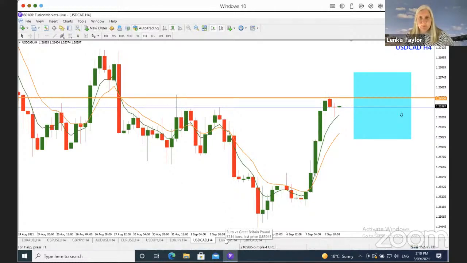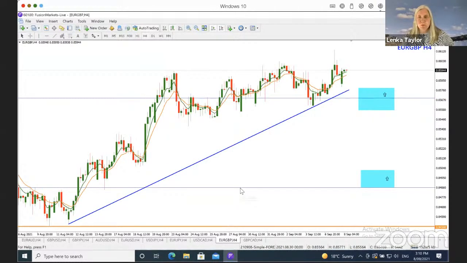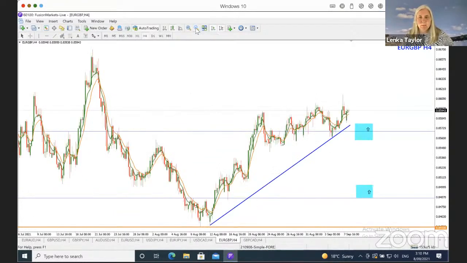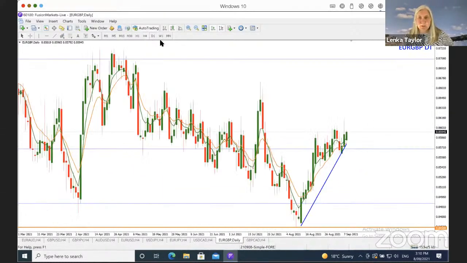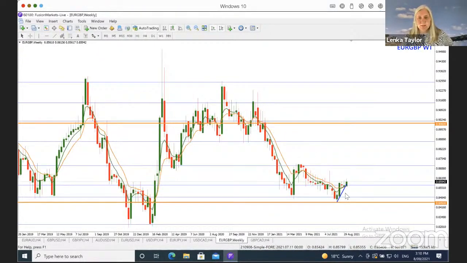Next currency pair I'm going to have a look at is Euro GBP. So Euro GBP, I'm looking for long. I would like the price to pull back down to this area first. So at the moment, I'm looking at it as a ranging market.